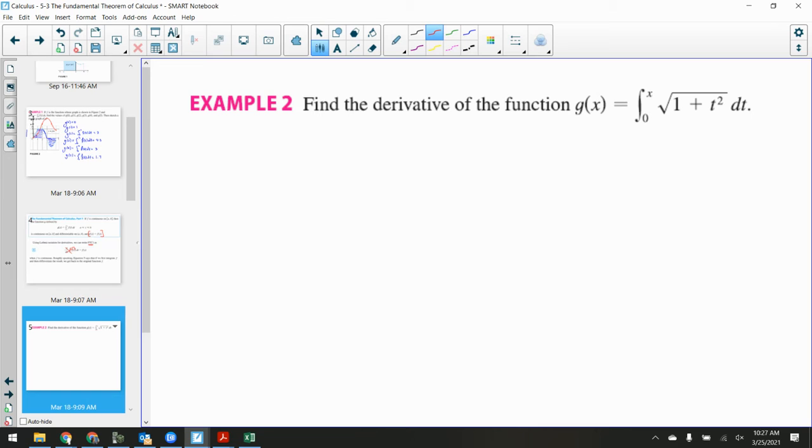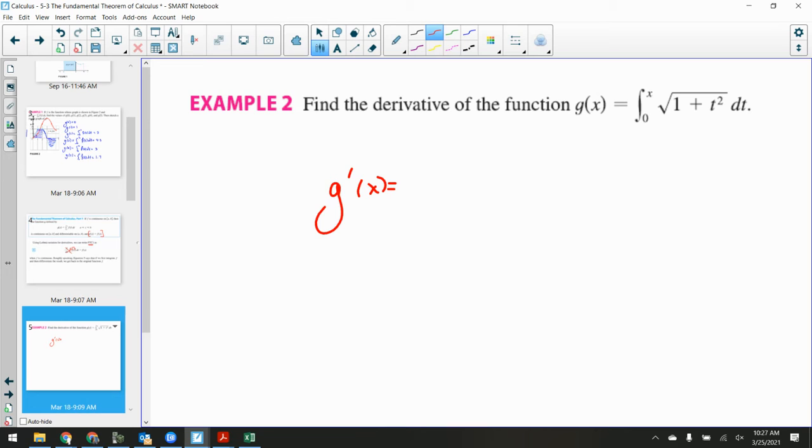So if I want to find the derivative of g, I'm really just looking to find g prime, right? And g prime of x is really just f of x. Well, what's f in this case?